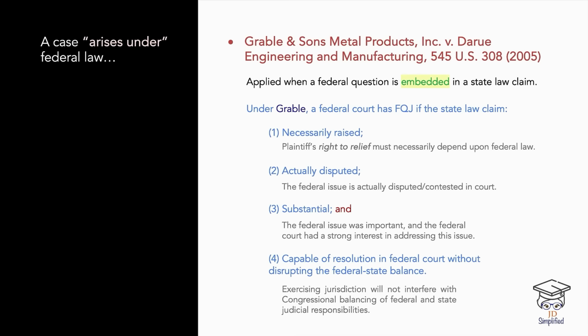This disruptiveness prong, this last prong, is a possible veto, grounded in the principle that Congress controls federal jurisdiction. Even when a federal issue is necessary, actually disputed, and substantial, jurisdiction is still improper if exercising it would be disruptive. Which brings me to my next point.